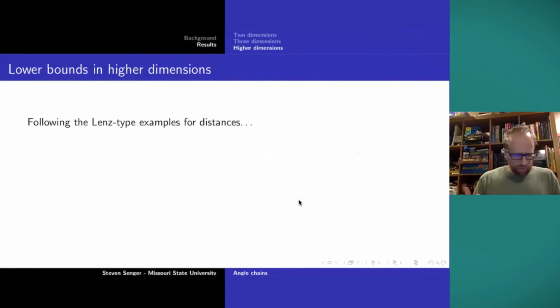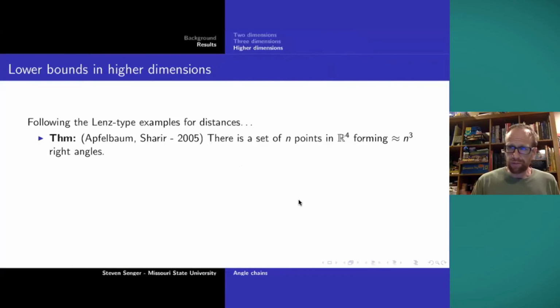Okay, we have some constructions, some lower bounds, and I think of them as very Lenz type. The Lenz example, basically I think of the Erdős lattice counterexample, and I think of the Lenz type examples as 2 big counterexamples for any problem that I look at.